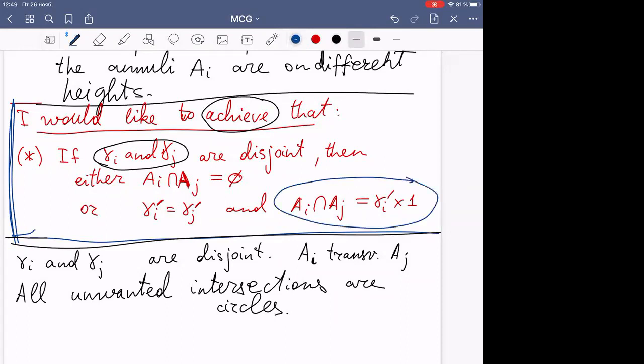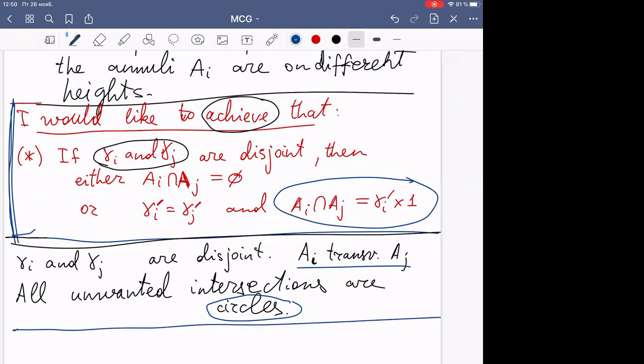All other intersections are called unwanted. If two-dimensional manifolds intersect transversely in a three-dimensional manifold, then all their intersections are circles.